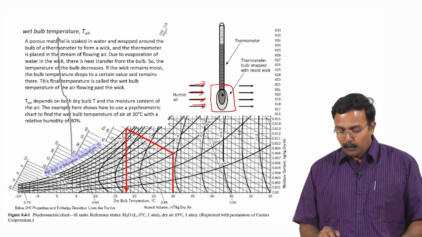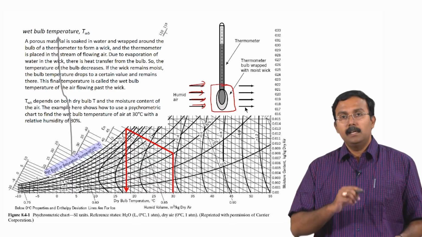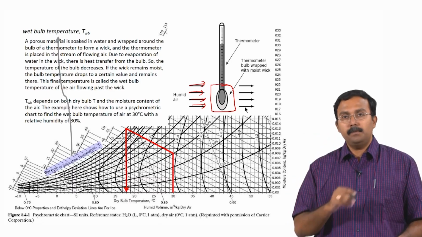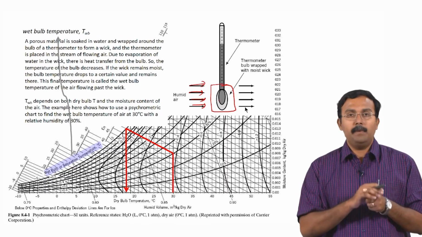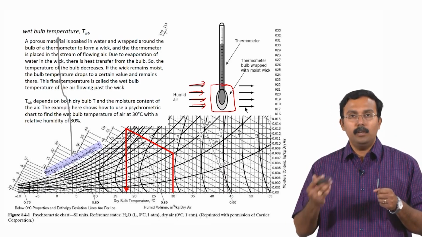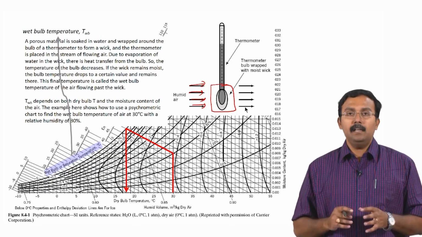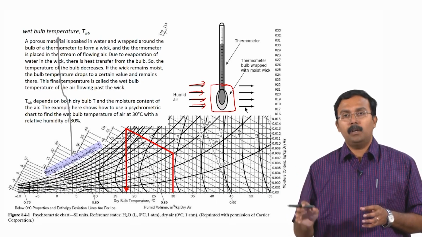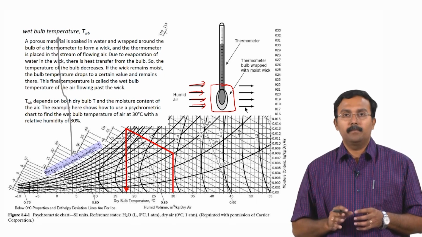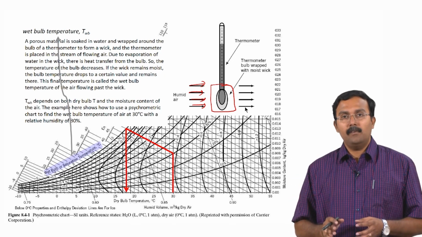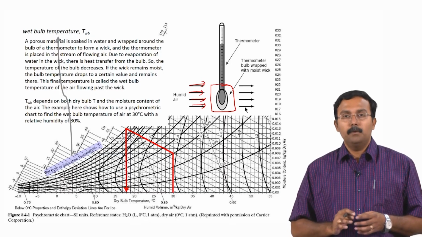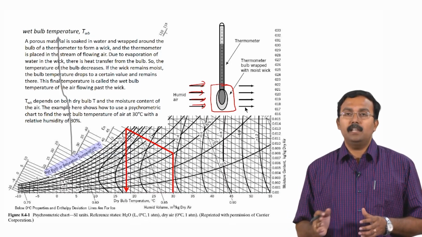Assume that the humid air which you start with is in circulation. If it keeps going round and round across this wet wick which remains wet, more and more water is going to get evaporated till the air water vapor mixture reaches saturation. Once there is saturation of water vapor, you will still have the wet wick, but the water is not going to get evaporated.